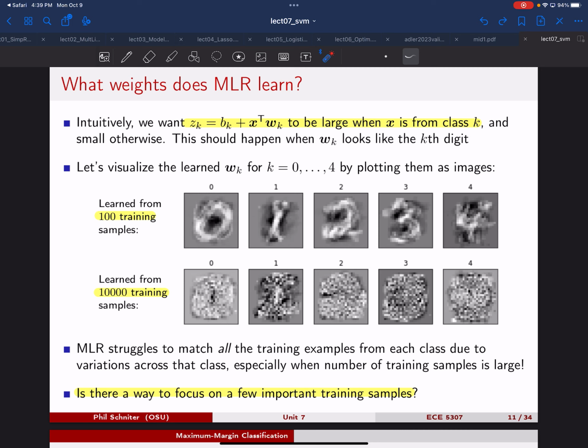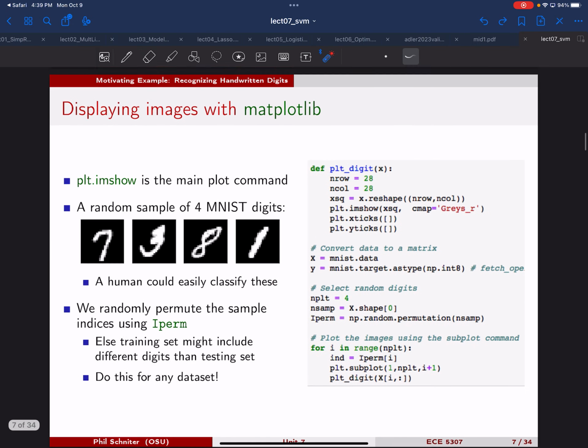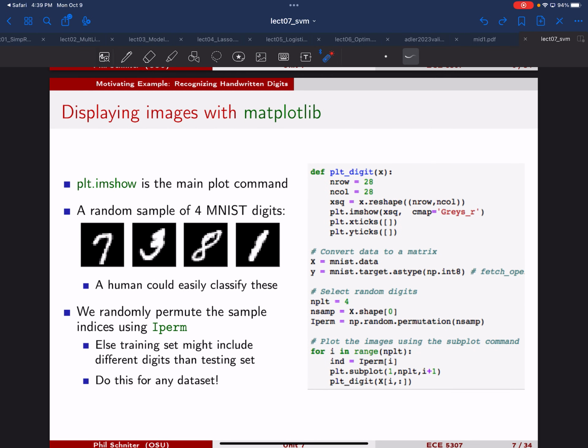So usually, if you ask imshow, this plotting command, to plot an image, it's going to probably by default use a color map where the very smallest pixel, the most negative in this case, would be black, and the very largest positive would be white, and then everything else is linearly in between.